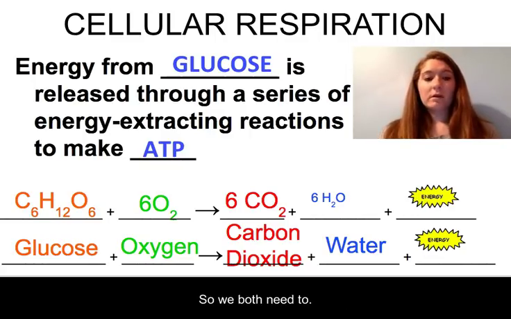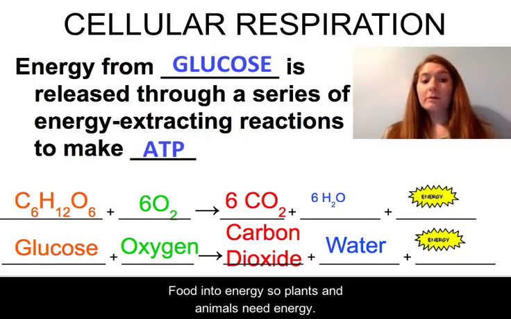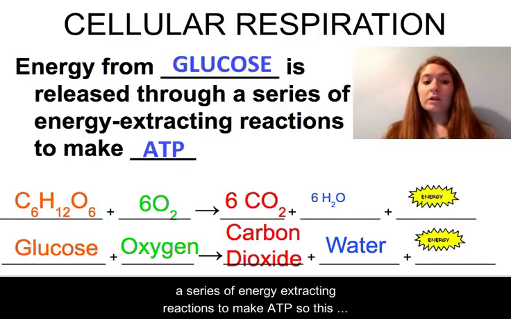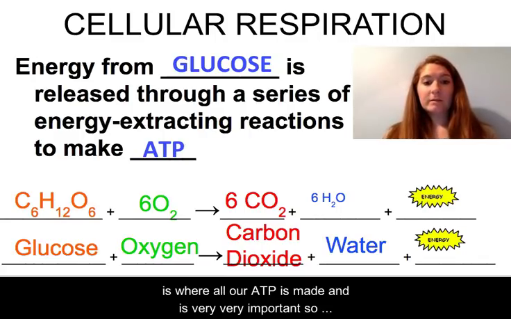We both need to convert our food into energy. So plants and animals need energy. Energy from glucose is released through a series of energy-extracting reactions to make ATP. This is where all our ATP is made, and that is very, very important.